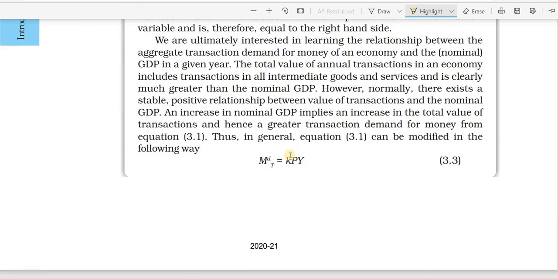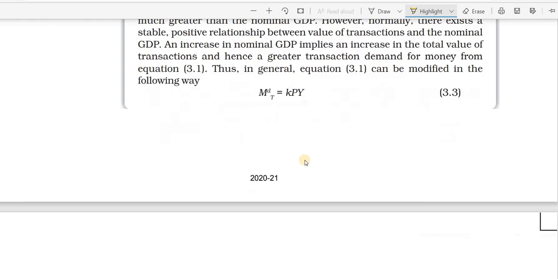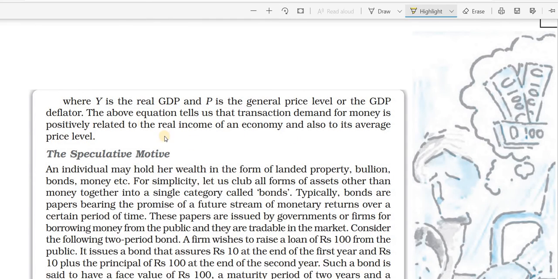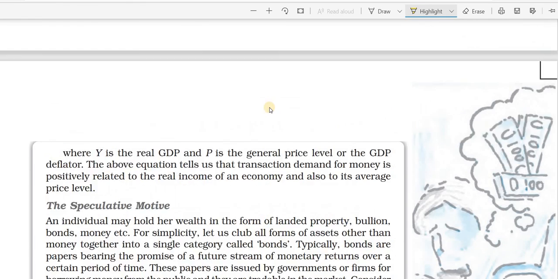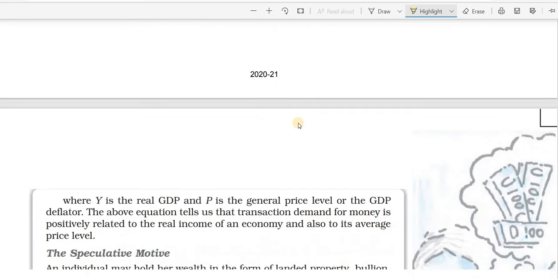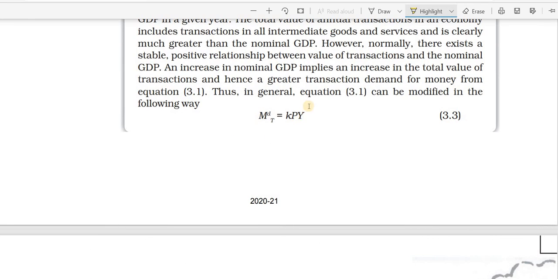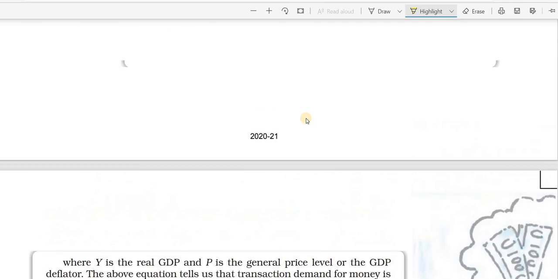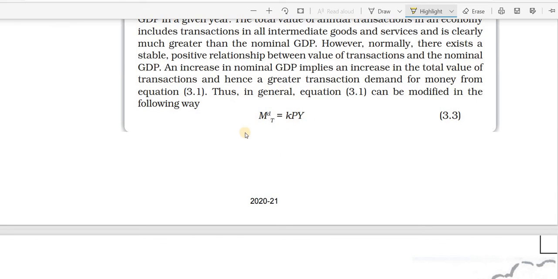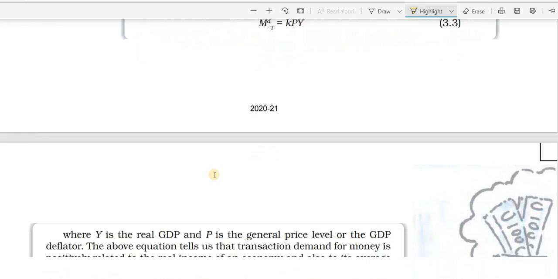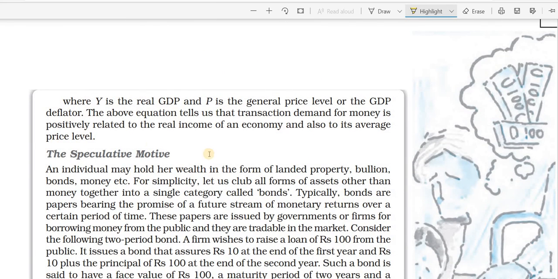Then here you can see one equation. Transaction demand for money equals KPY. Here Y is the real GDP and P is the general price level, or the GDP deflator. So transaction demand equals K into PY, where K, we know, is a positive fraction.